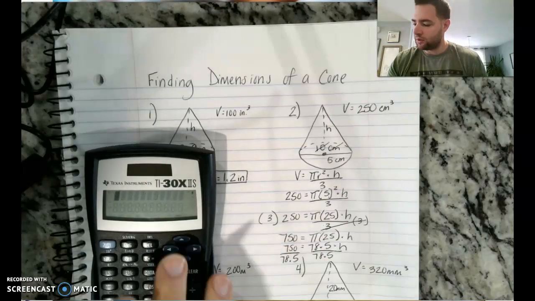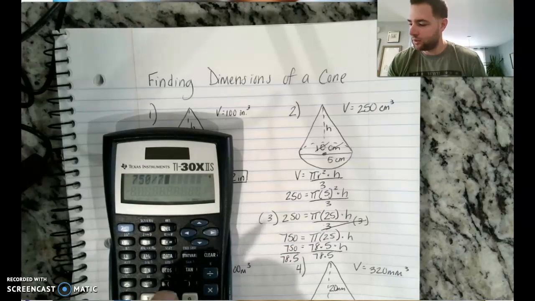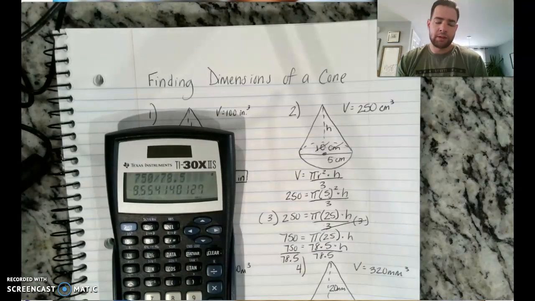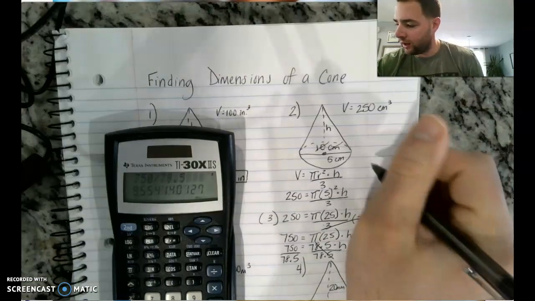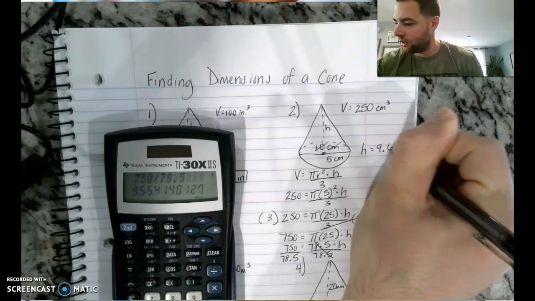So I have 750 divided by 78.5 equals, and we get about 9 point, I'm going to round to the nearest tenth, so we have about 9.6. So I'm going to show it cancels, and then up top I'm going to write that my height equals about 9.6 centimeters.